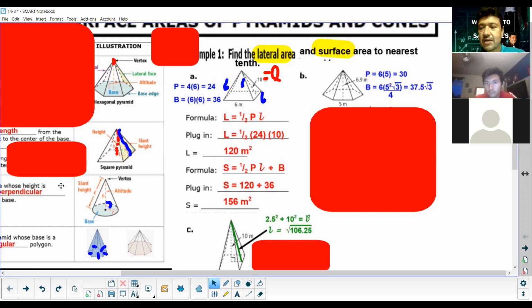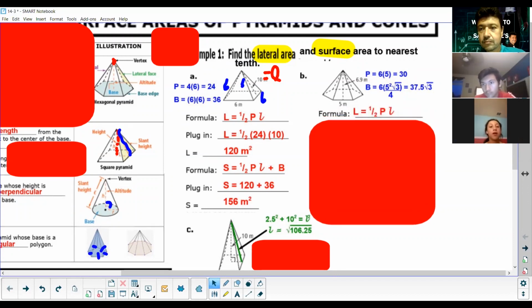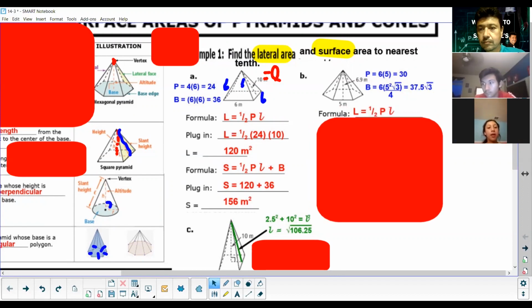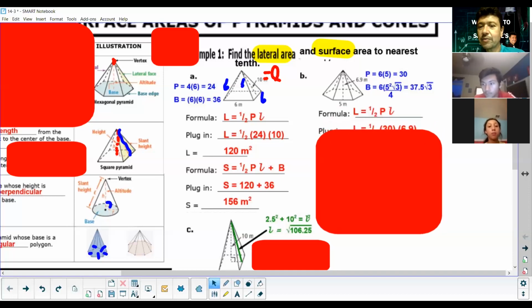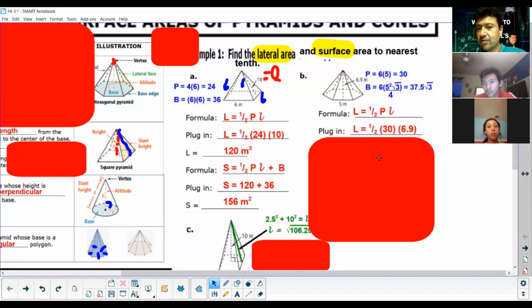So now what would I do after I discover that, Celeste? If I wanted to find lateral area, what would I do? Well, for the perimeter, it will be 24. No, not on this. You're looking at the wrong one. Remember, you did 6 times 5, you have the 30. So that's how you get this 30 that you have here.